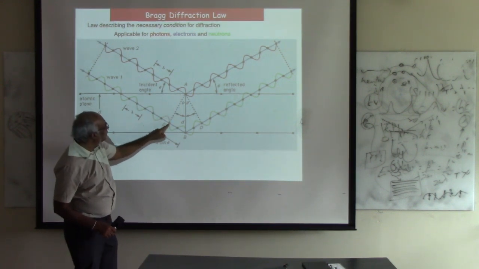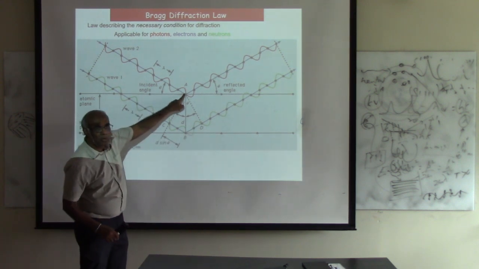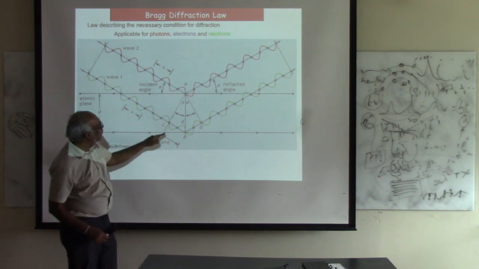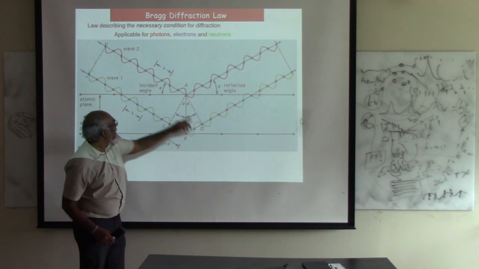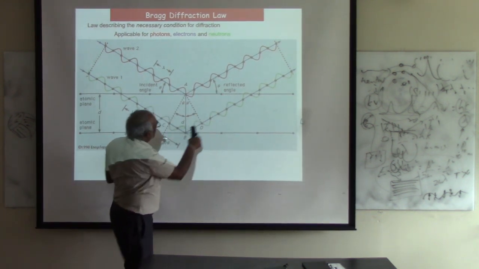So this one is going through this much additional path compared to this one. That means the path difference between this red one and green one is basically this distance, right? So up to here is the same. From here it is the same. This is the extra length, right?